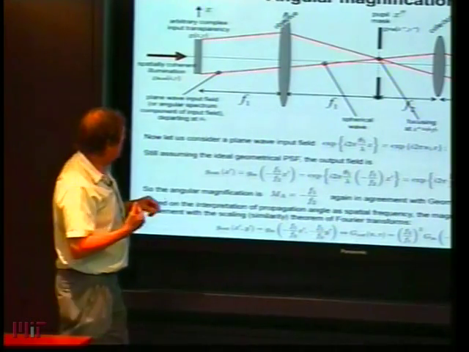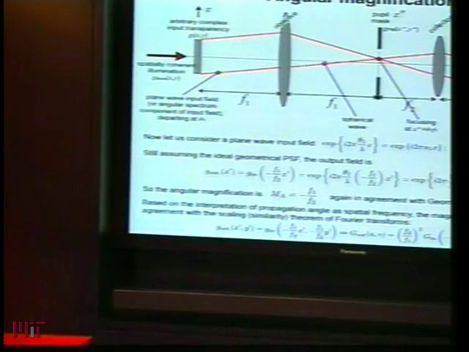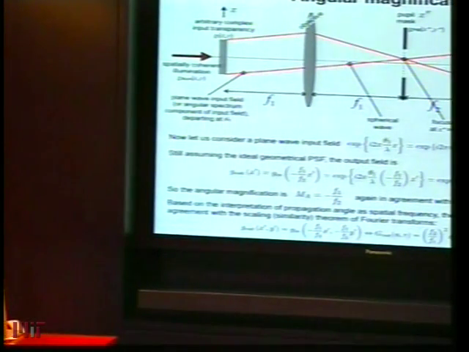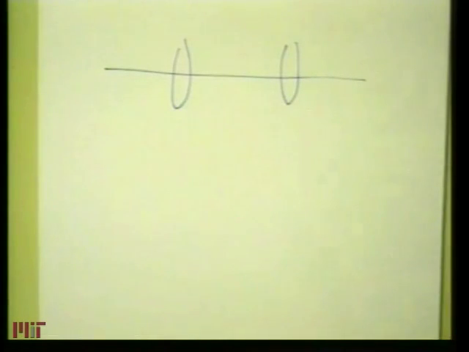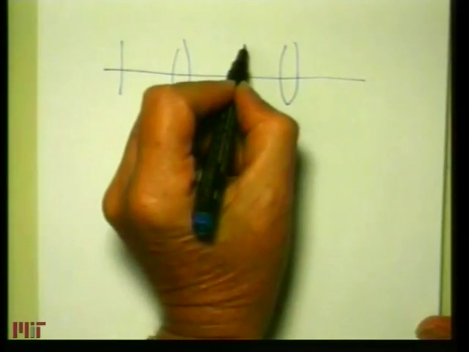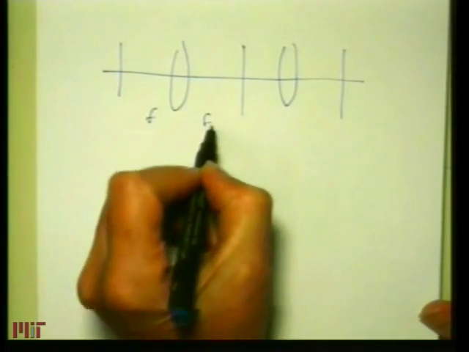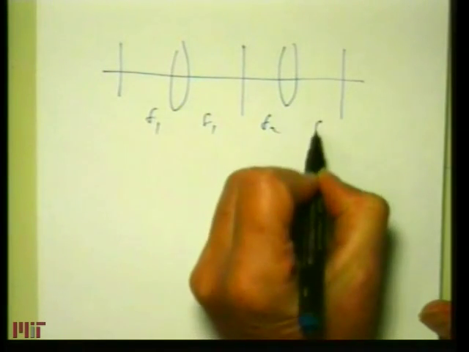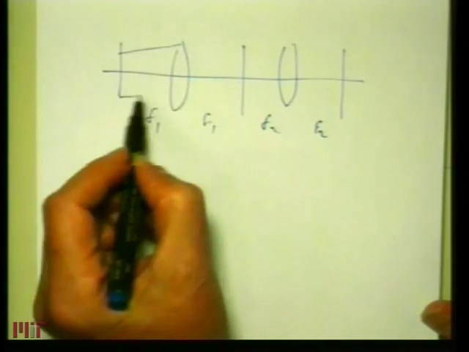Now, maybe I could just draw this geometry. So this is our system, with focal distances F1, F1, F1, F2, F2. You can see this wave is coming in like this.